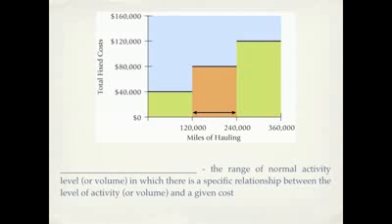If you note between 120,000 and 240,000 miles, our fixed costs are $80,000. Between 240,000 miles and 360,000 miles, our fixed costs are $120,000. So the definition we need to know here is in regards to a relevant range. So within a relevant range, we can be sure that our fixed costs do not change in total.